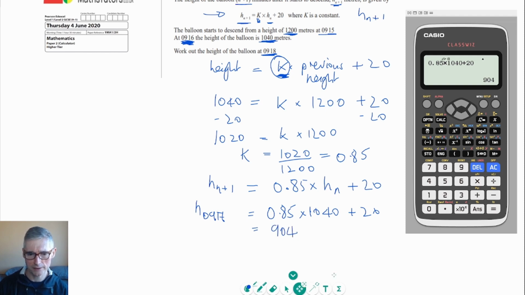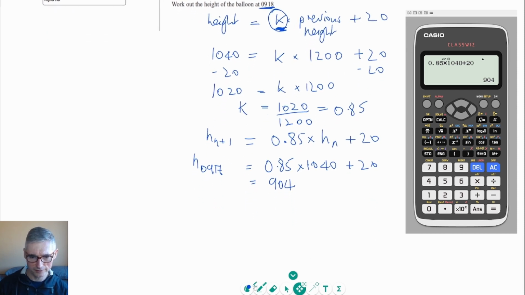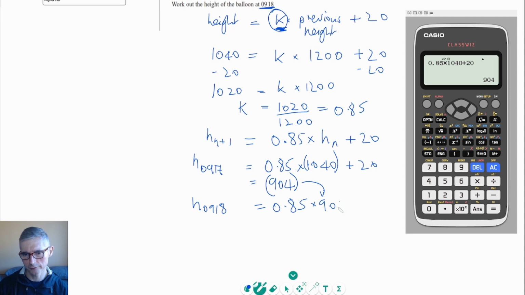And then we've got to repeat the process to find the height at 0918. So we'll go 0.85 times, and in this case, it's not the 1040, it's actually the 904 that we put into the formula, so 904 plus 20.